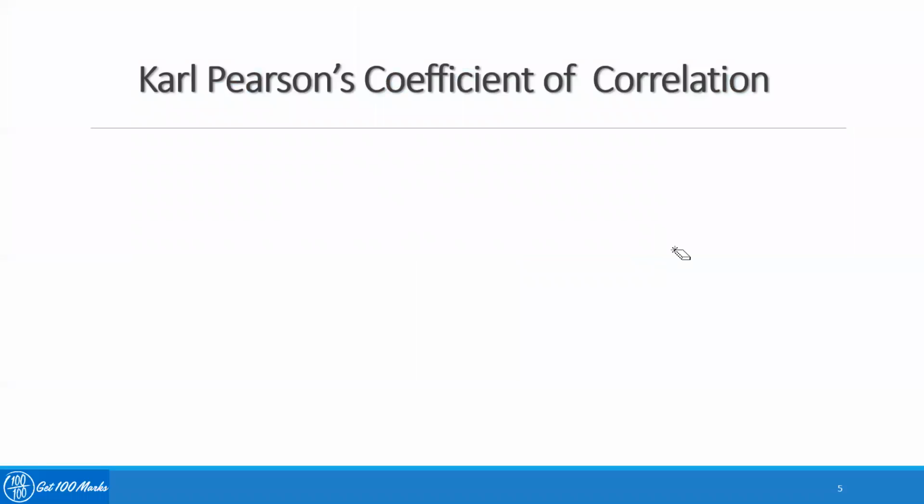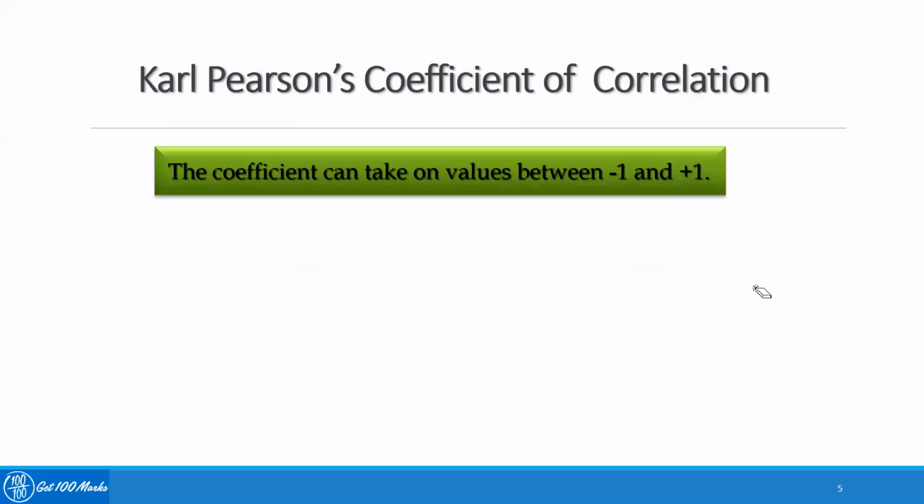So let's just have a quick look at how the coefficient of correlation will lie between -1 and +1. If there is a perfect correlation between two variables, the value will be +1. If there is a perfect inverse relation, the value will be -1.